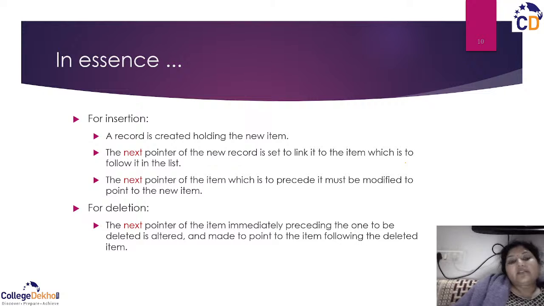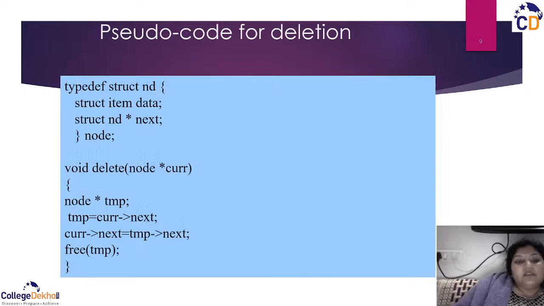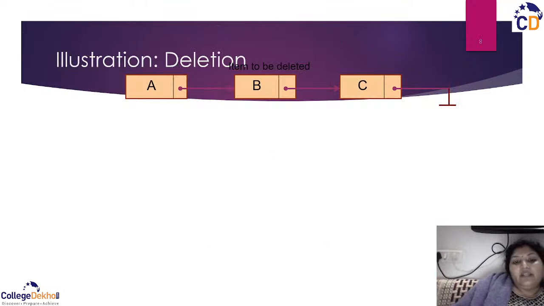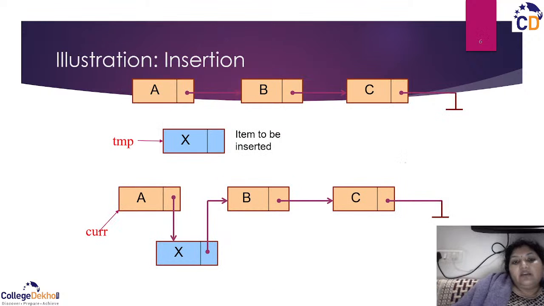And the next pointer of the item which is to precede it must be modified to point to the new item. Now you should know this, it is very very important, whenever we delete or insert anything.